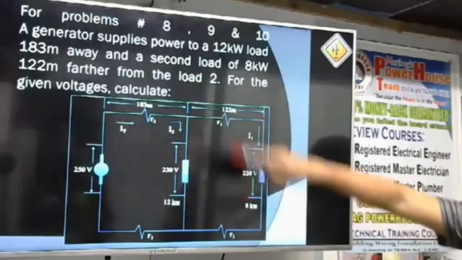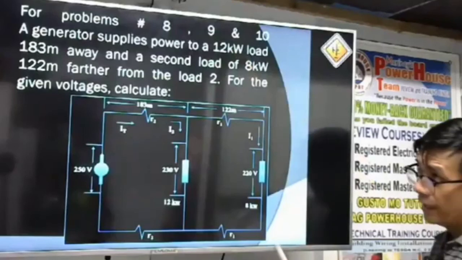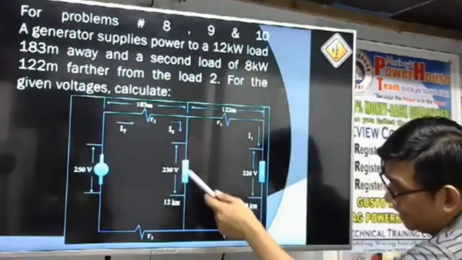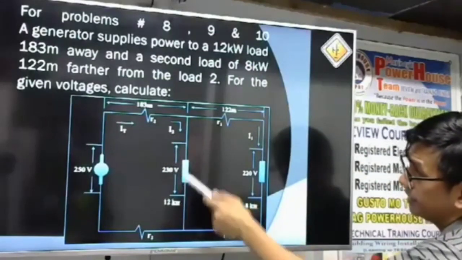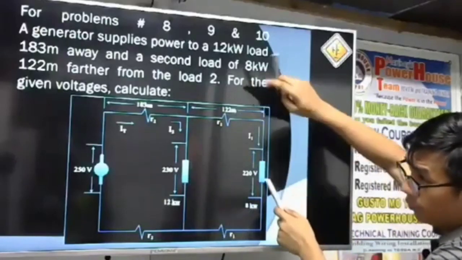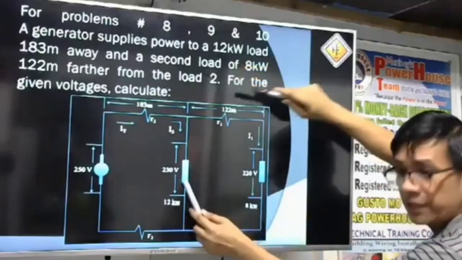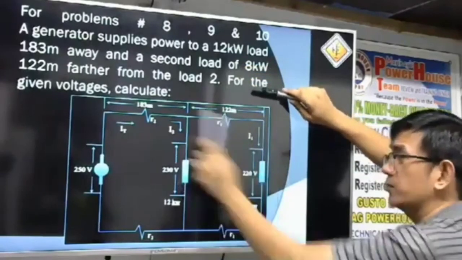A generator supplies power to a 12 kilowatt load 183 meters away and a second load of 8 kilowatts 122 meters farther from load 1. Take a look, we have a figure.